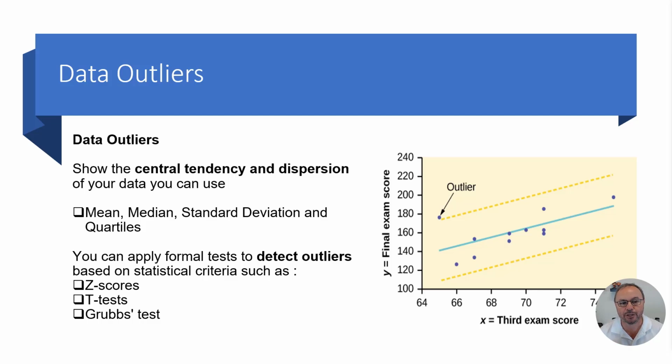When it comes to displaying data outliers, there's any number of ways we could do this, and it will vary based on what we're trying to show. So if we want to look at the central tendency and the dispersion of our data, we could use the mean, the median, the standard deviation, and even quartiles as well.